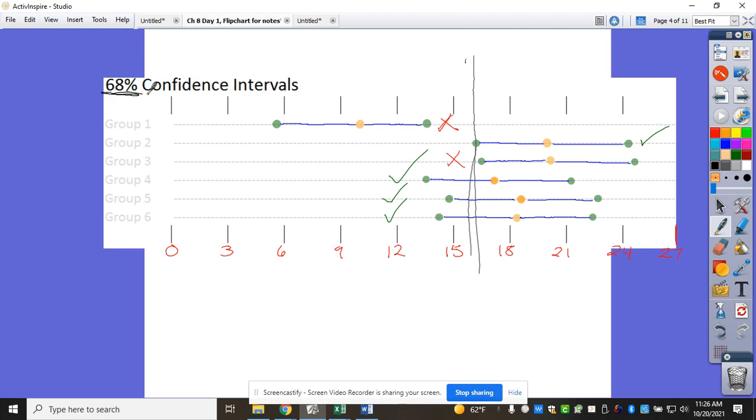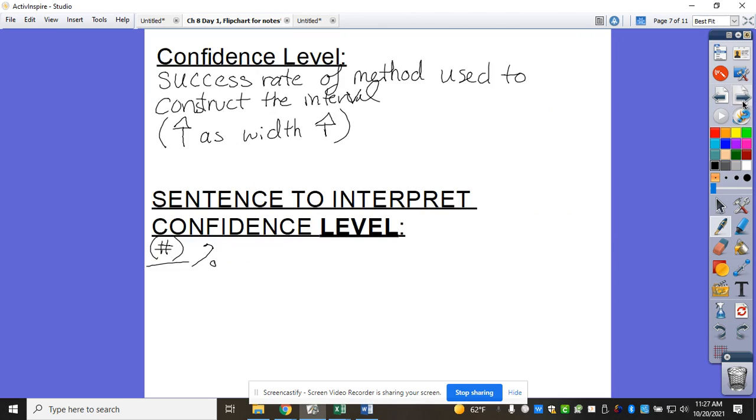Why did I stop at 6? We weren't sitting here all day. How many of them are there? 5. How many actual of these could I make? A whole bunch, right? So theoretically, this 68 applies to this line if I have how many samples? All of them. So it's 68% of all possible samples.